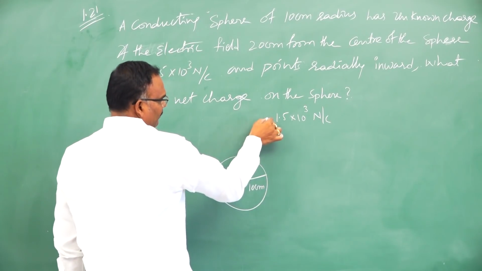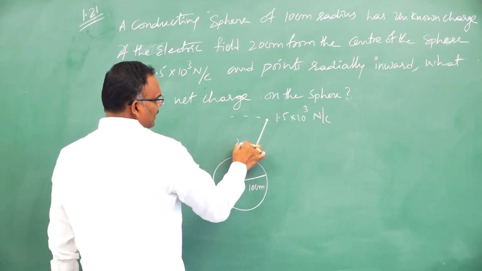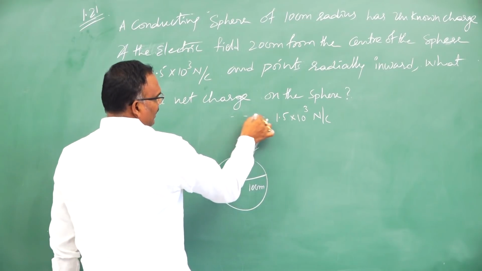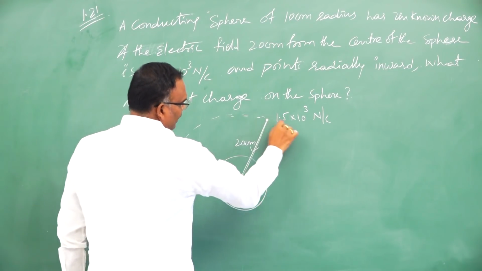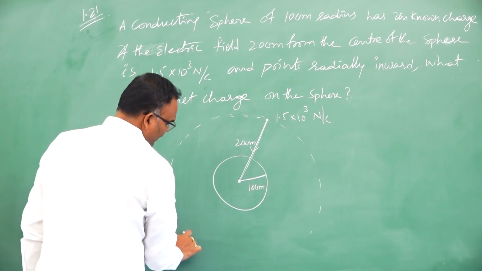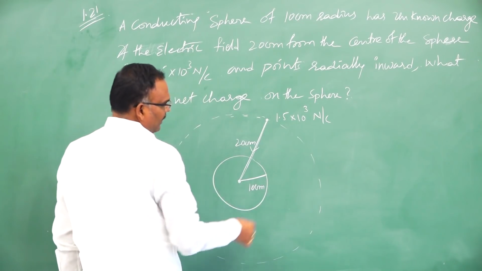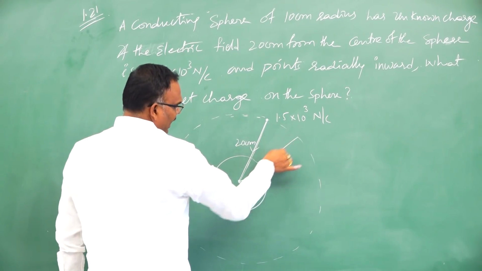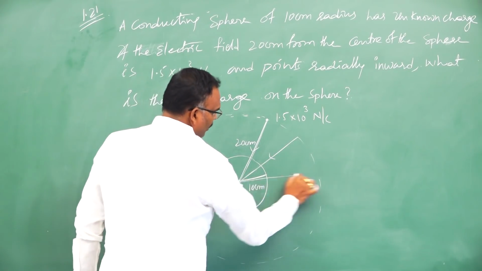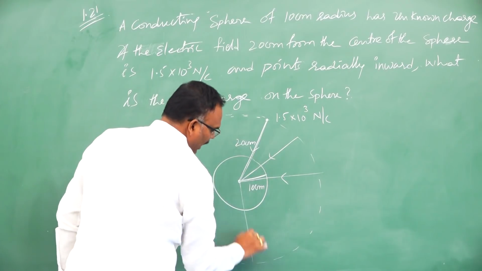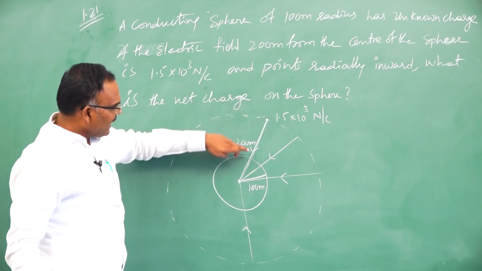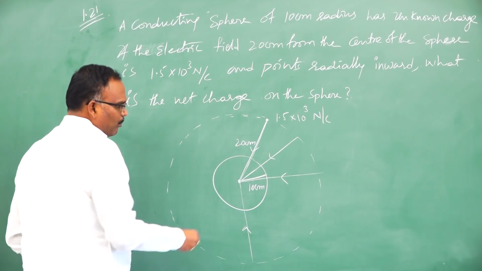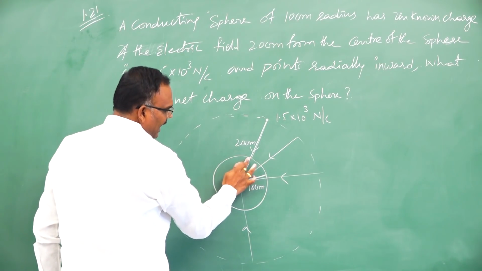So if you take this 20 centimeter as a Gaussian radius and construct a Gaussian surface, which is also a sphere, then the field will be radially inward like this. So if electric field is ending here, see this is important.